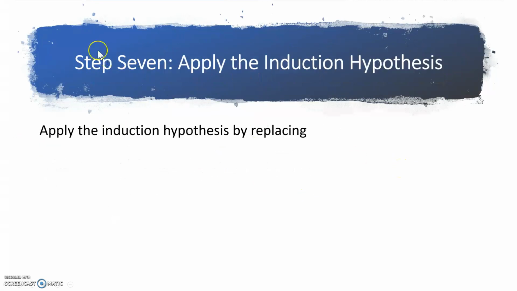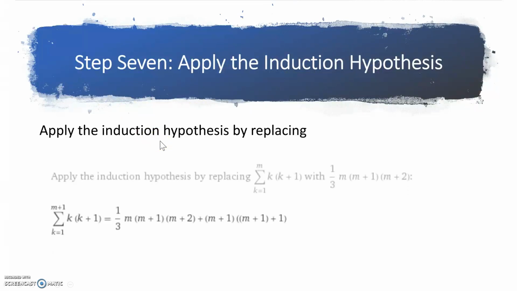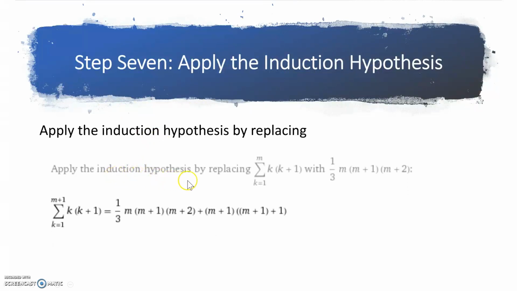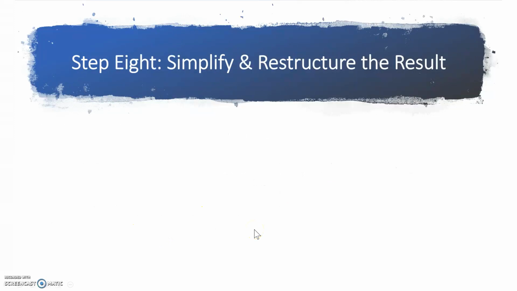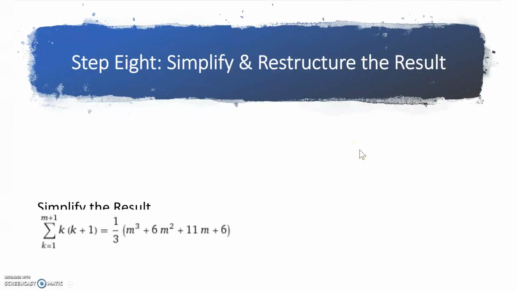Then we come to our step 7, apply the induction hypothesis. Apply the induction hypothesis by replacing this part of the formula with 1/3 m, m plus 1, m plus 2, and we get this formula. Then we have to simplify and restructure the result.